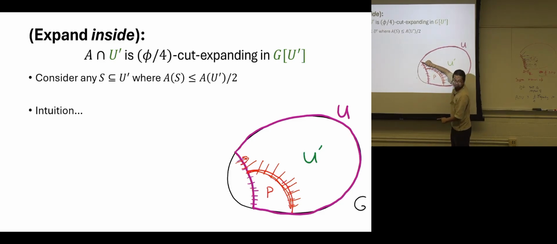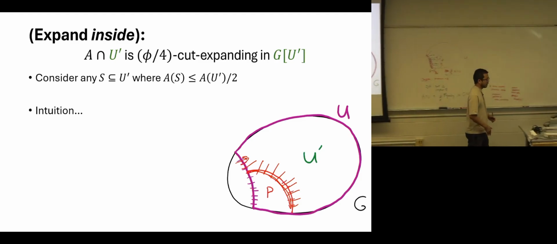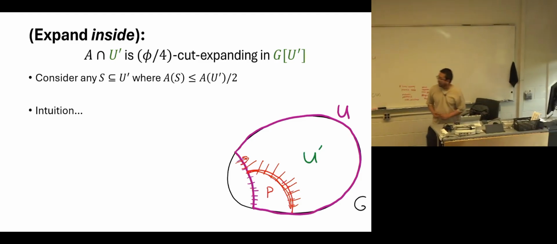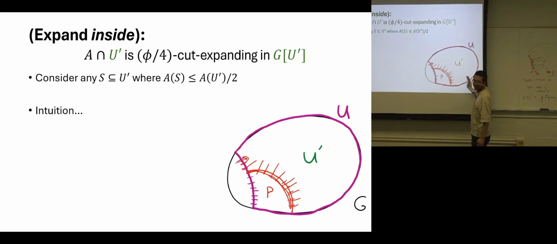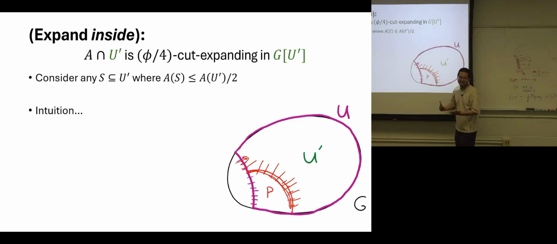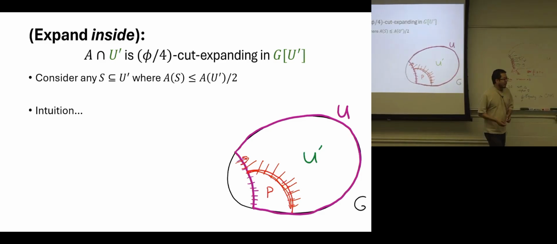And you can see that it's just the same situation now, where this source successfully sent all the flow into U prime. And what we just need to show is that there is no sparse cut in U prime. So it's really the same situation. Okay.